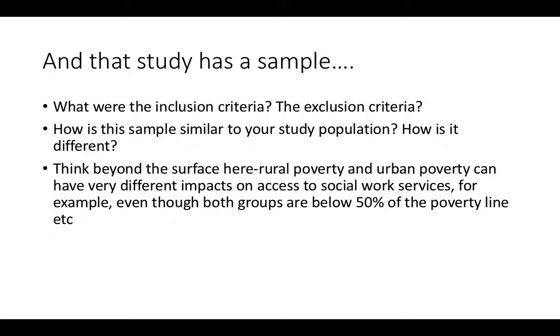Whereas the same people living in the same condition of being 50% below the poverty line and experiencing homelessness in a rural area, the nearest social work or behavioral health clinic might be several miles or even several hundred miles away. So people who on the surface are the same might have much less access, at least in terms, again, of getting to the clinic.